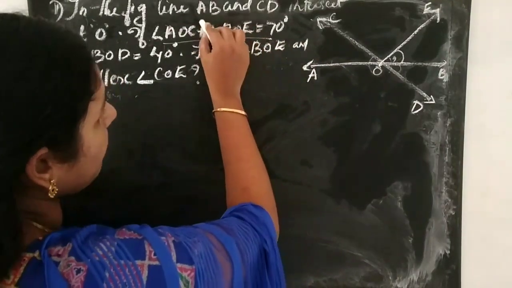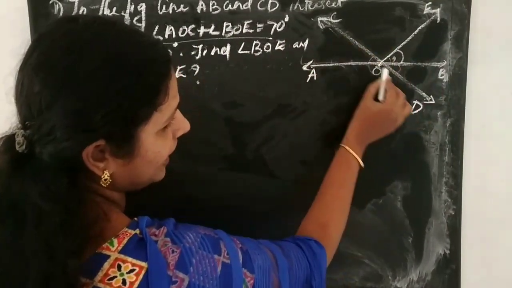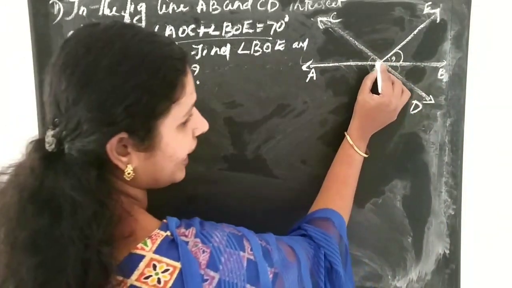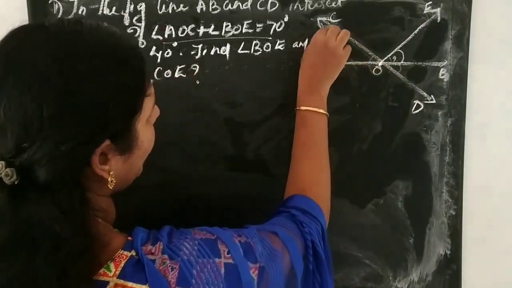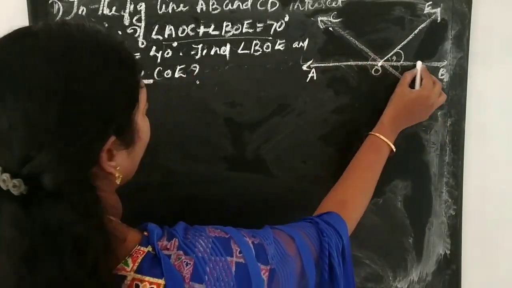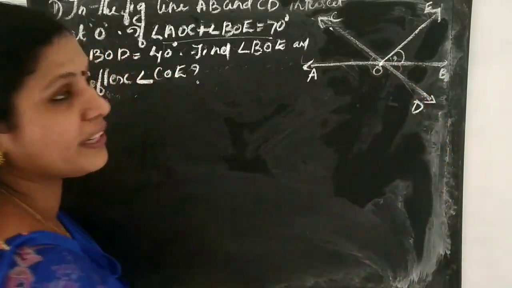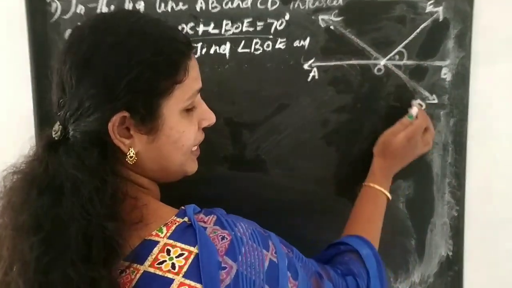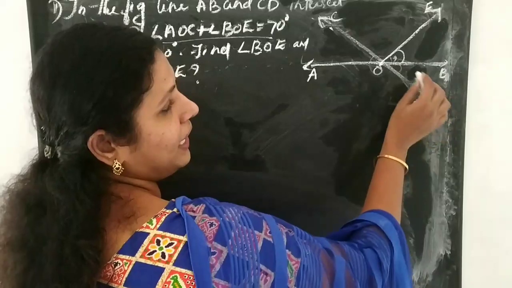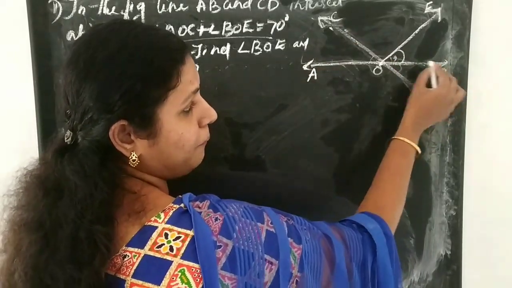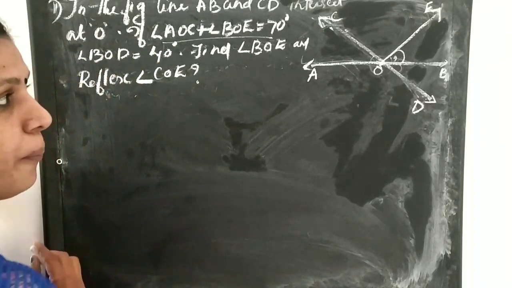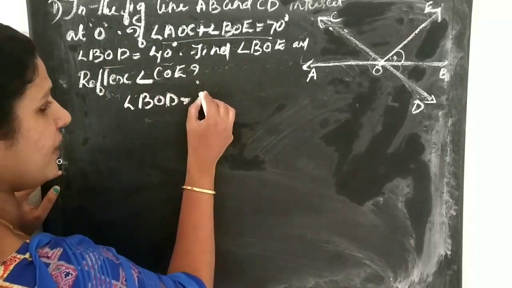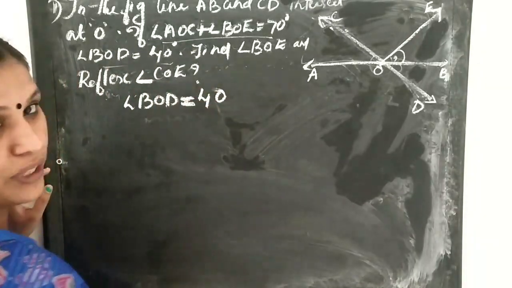We know that AB and CD intersect at O, then AOC and BOD are vertically opposite angles, isn't it? Angle BOD is 40 degrees.